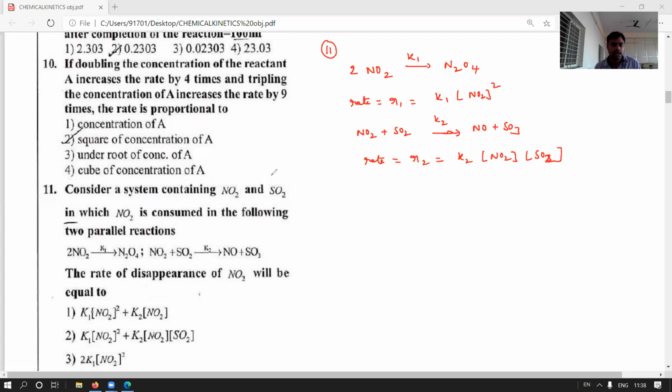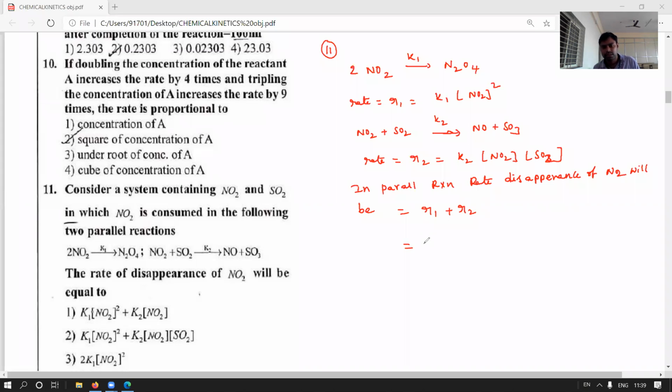Now in that question, what they asked is the rate of disappearance of NO2. In parallel reactions, the rate of disappearance of NO2 will be R1 plus R2.